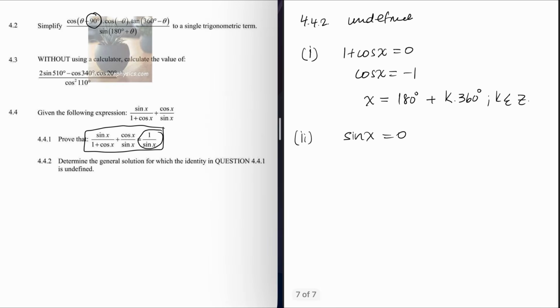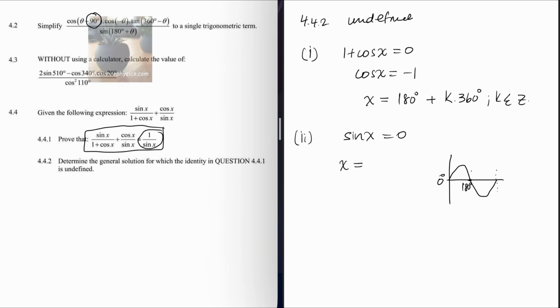That means x is going to equal, now remember, for a sine x graph, the sine x graph starts like this, goes like that. We have two solutions here. We have a solution that is 0 degrees, and we also have another solution here which is 180 degrees. We don't include the 360 because we're adding 360 to the k value.